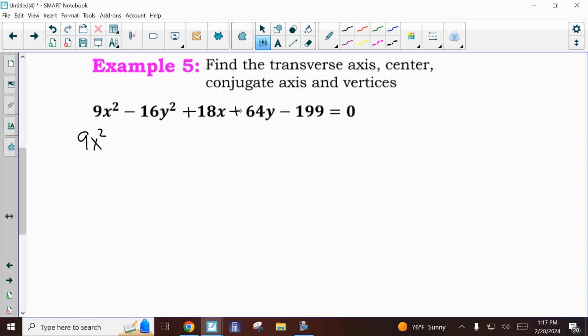Okay, so I'm going to put my x's together, so plus 18x. And then I'm going to put all my y squareds over here, but that y squared is a negative y squared, so it's negative 16y squared. And then I have the plus 64y. And then I bump over the negative 199.